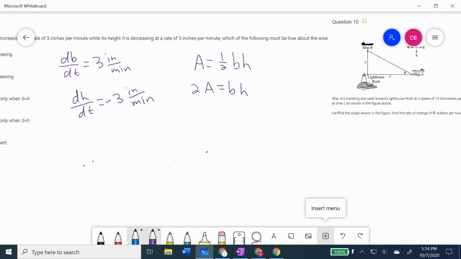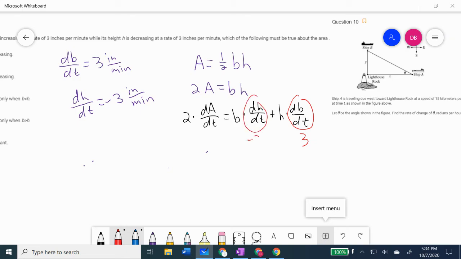So I have 2 times dA/dt equals, and now I'm using a product rule, so I have keep the b multiply by dh/dt plus keep the h multiply by db/dt, and I can plug in the positive 3 for db/dt and the negative 3 for dh/dt.